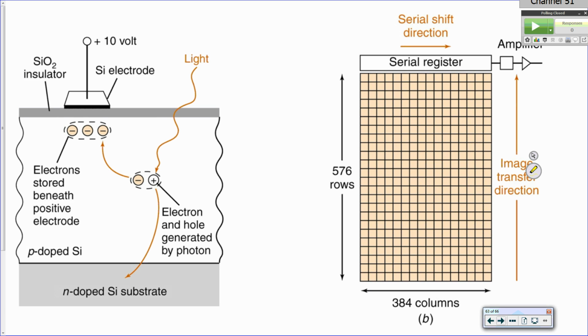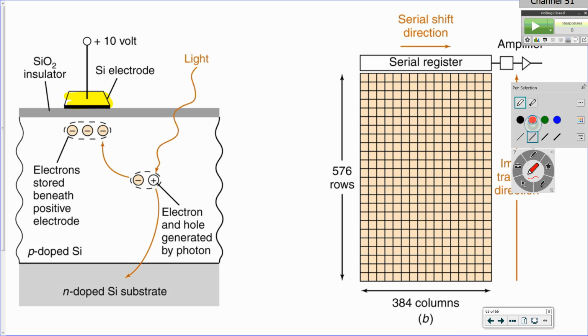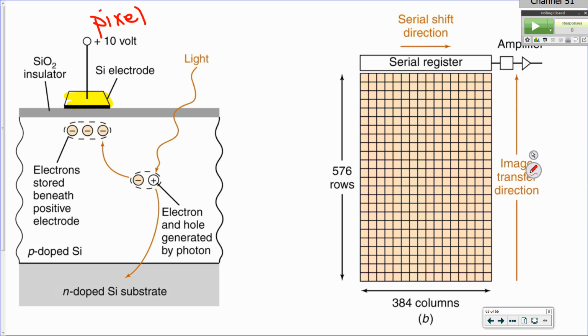So you've got this pixel. This little electrode is what today you think of on a camera as a pixel. All right, so this is one pixel. And there's a positive charge put on one region. So this is an N-doped region, and this is the P-doped side of it.